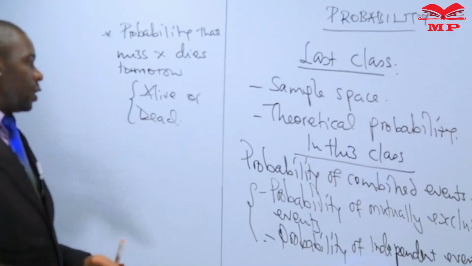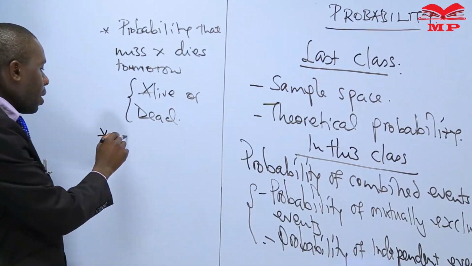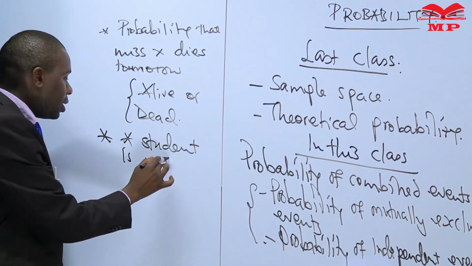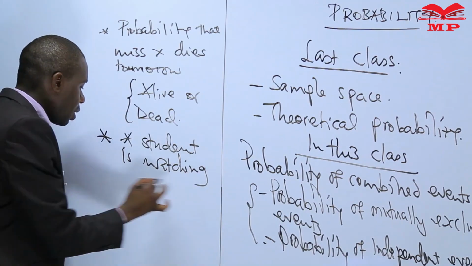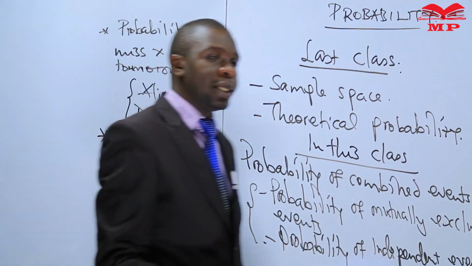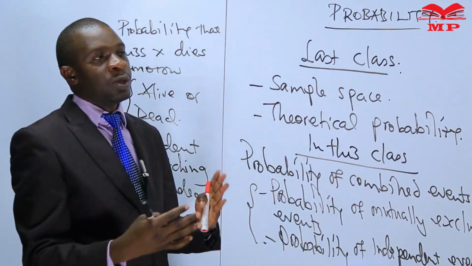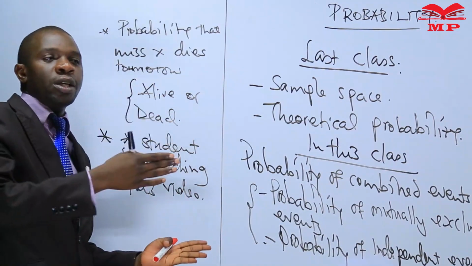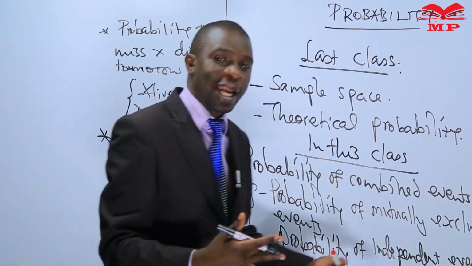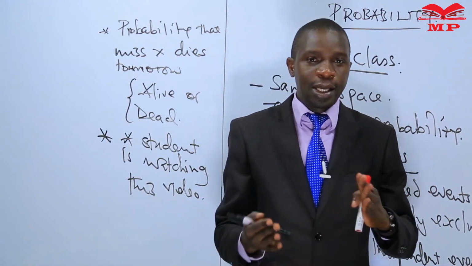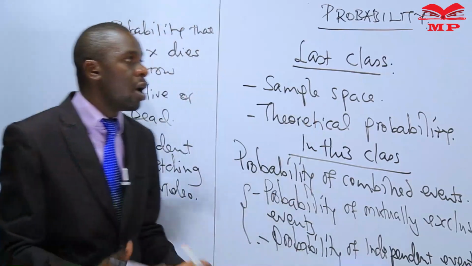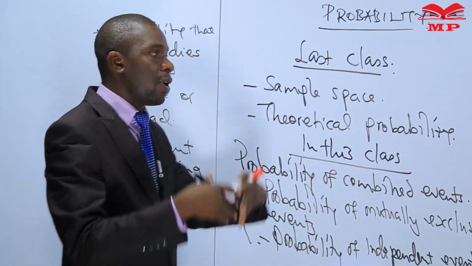Now, you are watching this video. A student is watching this video. The probability that you are watching or not watching are mutually exclusive. You cannot say you are watching and you are not watching. That is what we are calling mutually exclusive events.